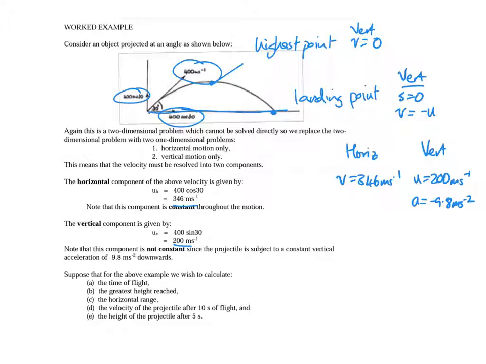And the time to this landing point is 2 times the time to the highest point, because of the symmetry. But once again, stress these last points only apply for a totally flat surface. I'm going to move through the rest of the example and solve the parts on separate pages now.